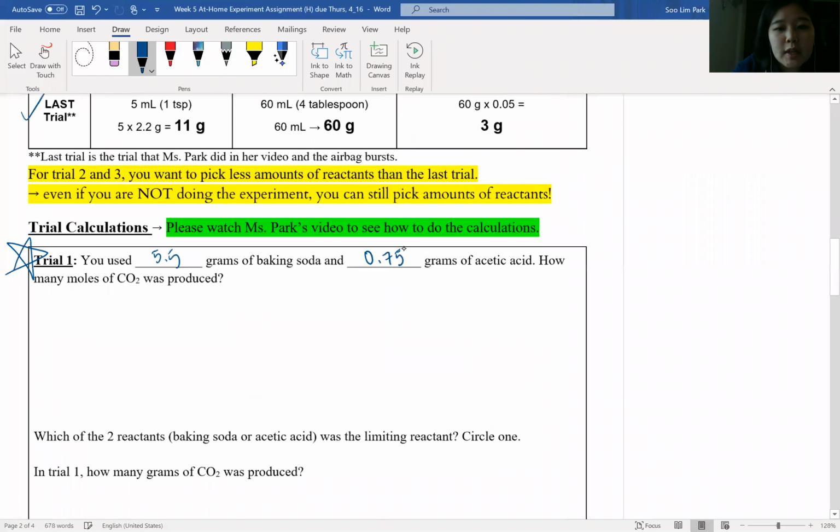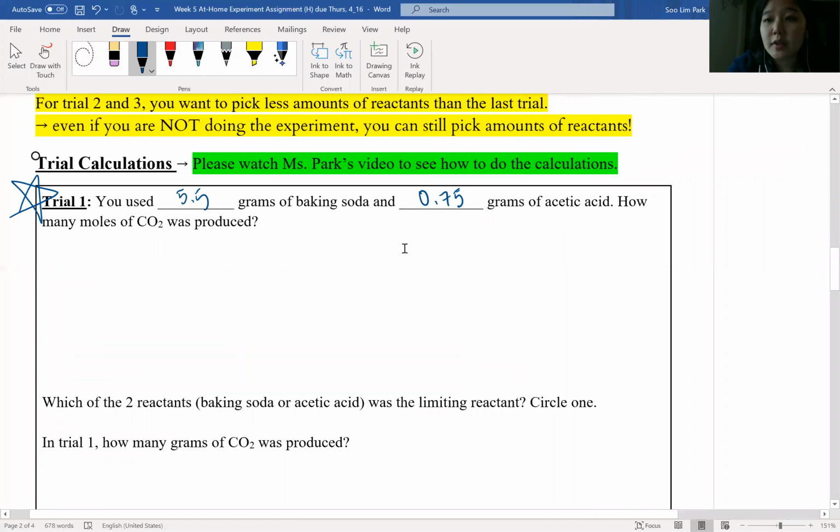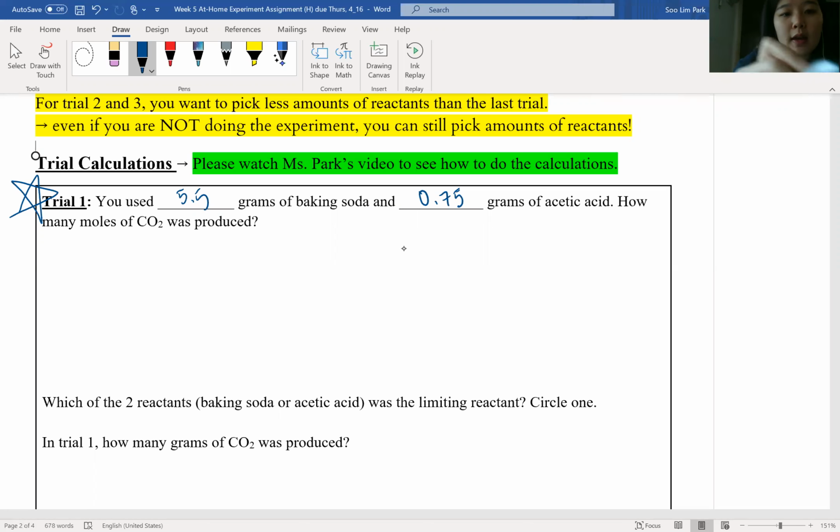The question is asking how many moles of CO2 were produced. We're given grams of baking soda and grams of acetic acid. We have to calculate the moles of each in order to find the moles of carbon dioxide. So I'm going to go ahead and do that.